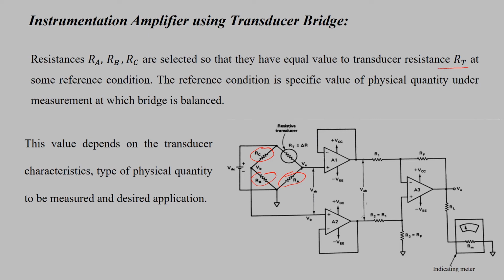The reference condition is a specific value of the physical quantity under measurement at which the bridge is balanced. The value depends upon the transducer characteristics, the type of physical quantity to be measured and the desired application.